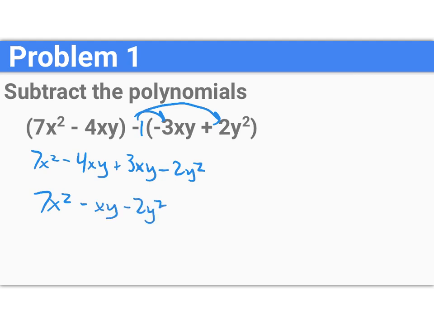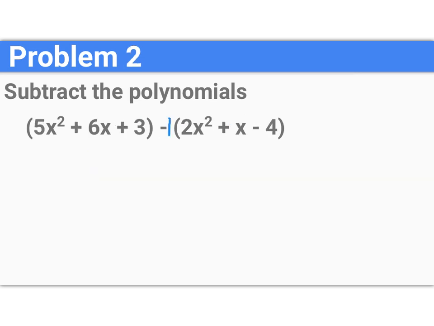Okay, so when you line up terms in alphabetical order, x's obviously go first. You have an x and a y. Even though this is a y squared, your x takes precedence alphabetically. If they were all y's, then it would be something different. But be careful when you line them up in standard form, the alphabetical order.